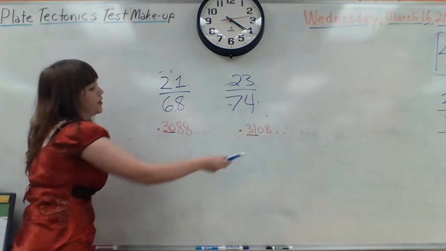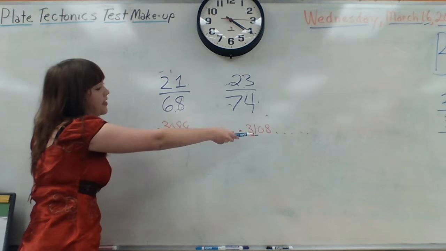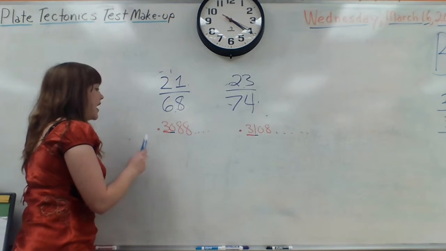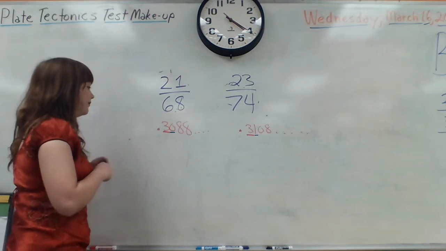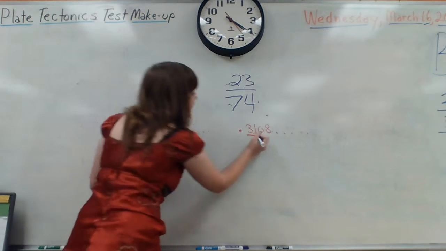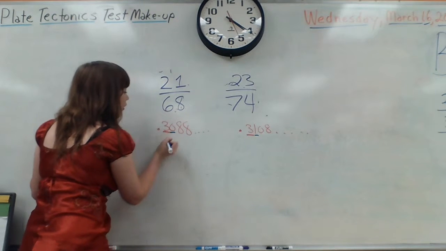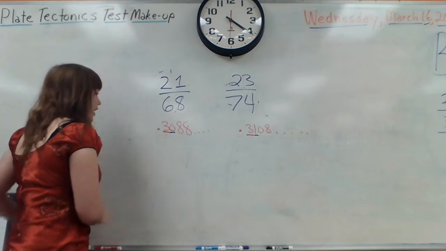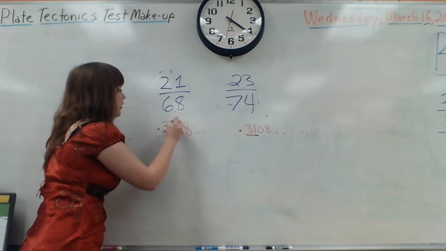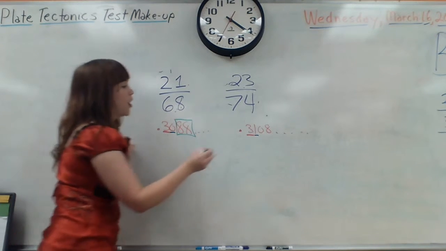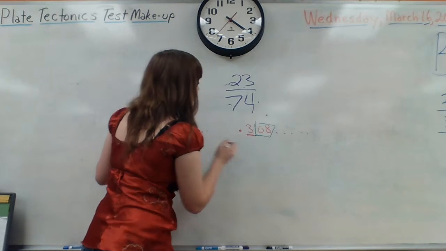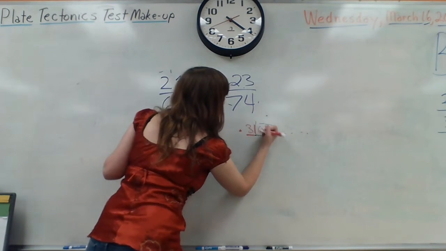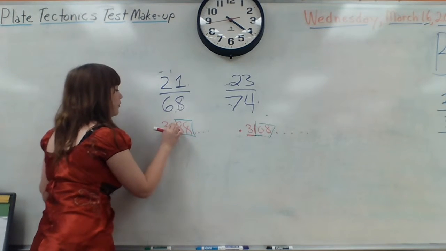Or 3,108 ten-thousandths is larger than 3,088 ten-thousandths, because we only have to look at the number closest to the decimal to determine which is larger. Every number that comes after this point in this problem is irrelevant because the 1 was larger than our 0.